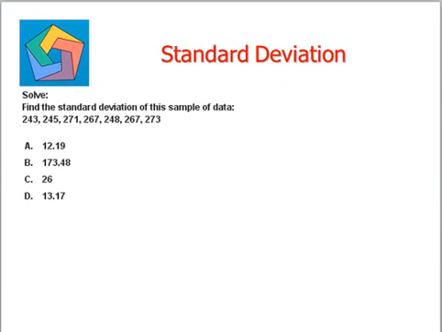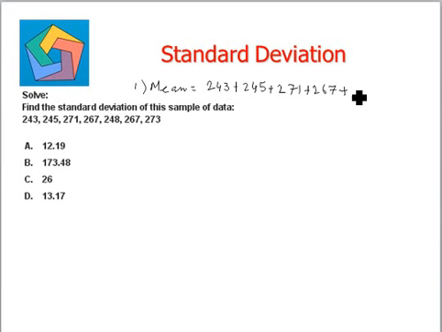Solve. Find the standard deviation of this sample of data. The first step is to find out the mean. Mean is calculated by adding all the numbers and dividing them by the count.